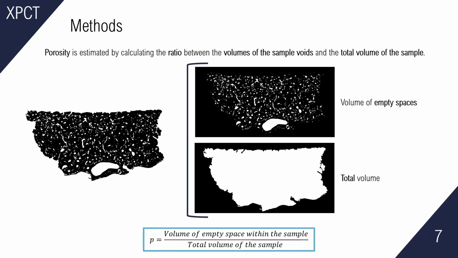Before extracting qualitative and quantitative information, images were processed to eliminate artifacts due to experimental conditions. Volumes were binarized by applying an intensity threshold. Porosity was then estimated as the ratio of the volume occupied by voids within the sample to the total volume of the sample.